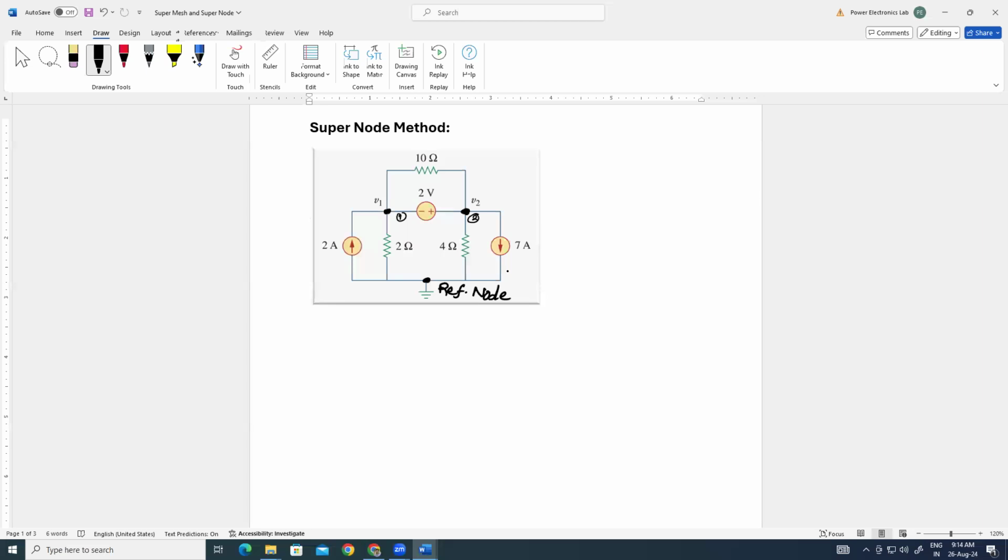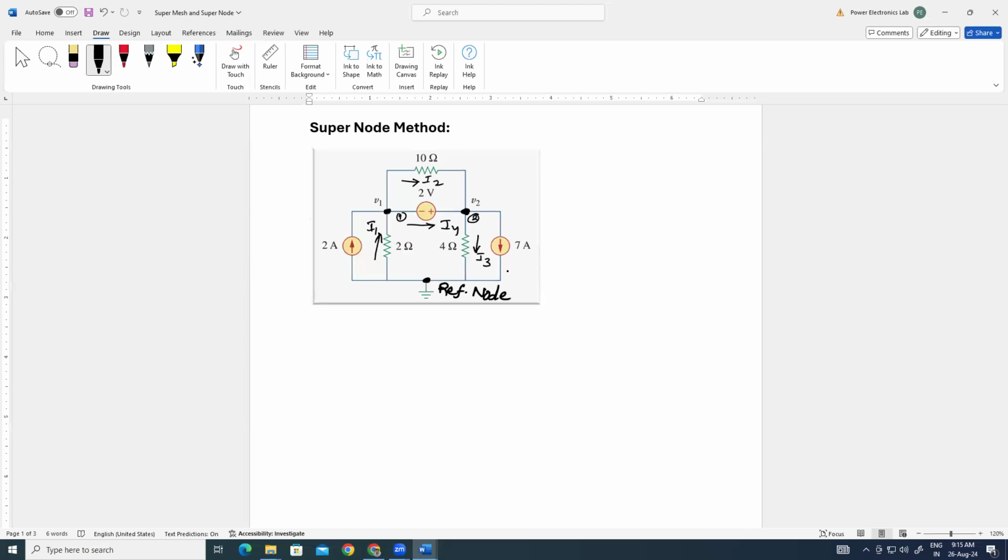As per our procedure, we have to assume currents. Suppose I have taken I1 here, I2 here. In any direction we can assume current. Here I3, and here also some current will be there, suppose this is I4.